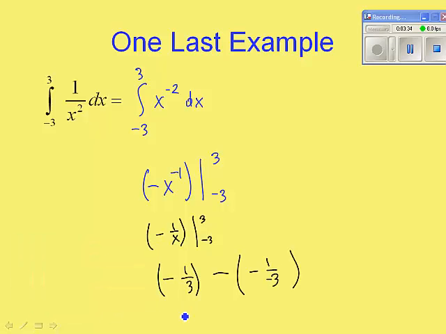Well, let's write this out. I guess I get negative 1/3. And then would this be plus or minus? Well, it depends how many negatives there are. Let's say negative, negative, negative, minus another 1/3. So I get negative 2/3. There's my integral.